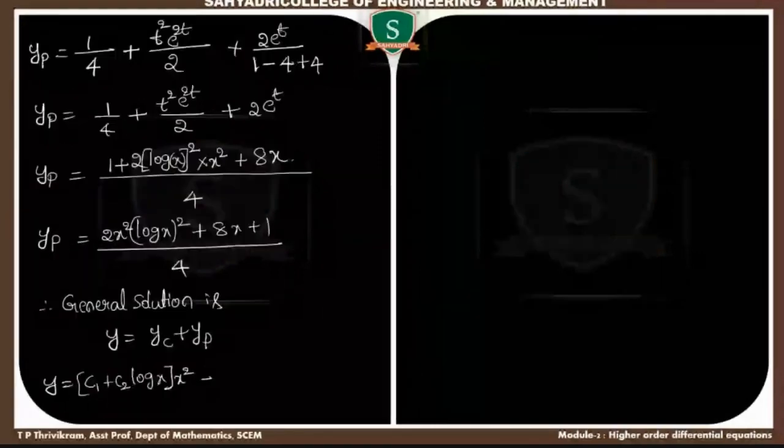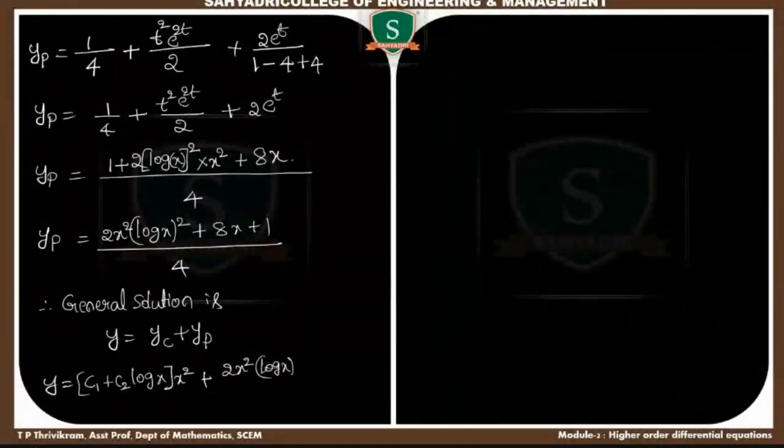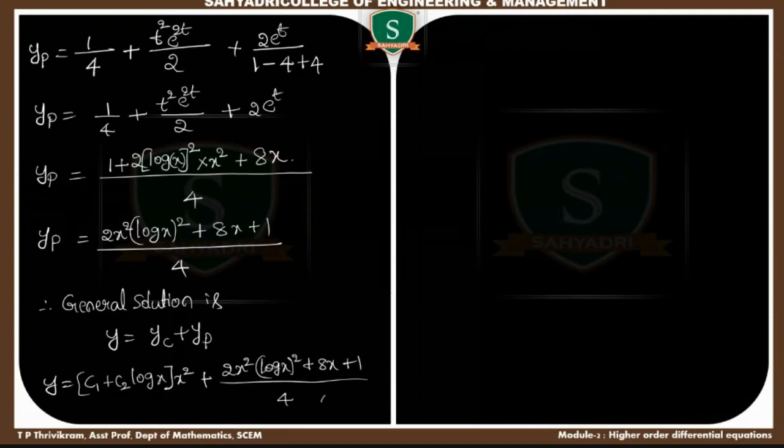Next plus 2x square log x whole square plus 8x plus 1 divided by 4. Fine.